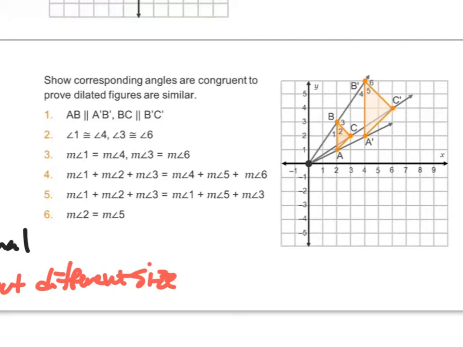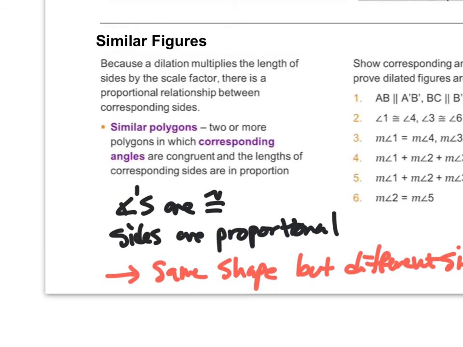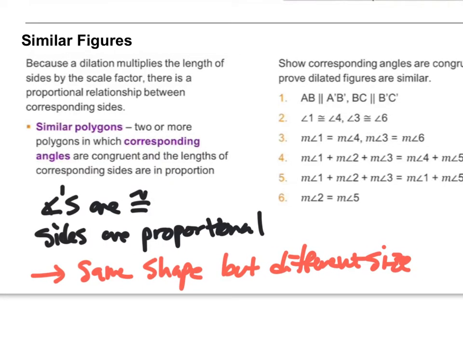There's other stuff going on here about those all adding up to 180. But all I'm really concerned about is that you understand this: angles are congruent, sides are proportional, and in layman's terms, similarity means same shape but different size.